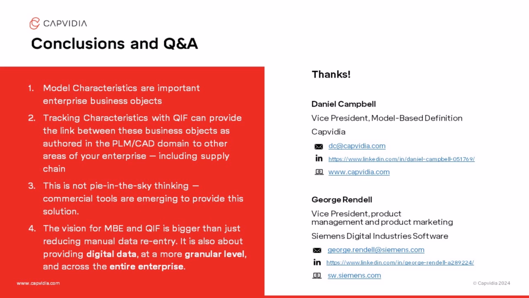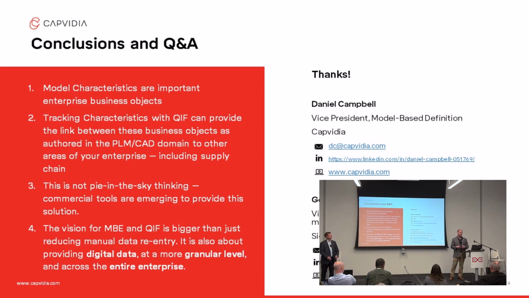And a final conclusion, on the general idea of model-based enterprise and QIF itself. Usually the first thing that we think about when we think about the value proposition is that you don't have to re-enter your work. It'll make your work faster, no data re-entry. And so you could do an ROI study where you measure time the manual way and measure time the PMI-based way.